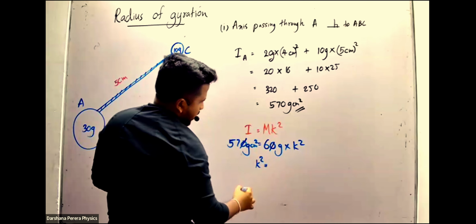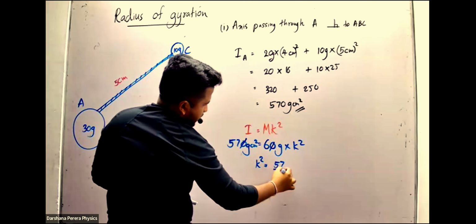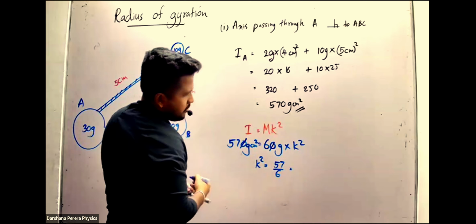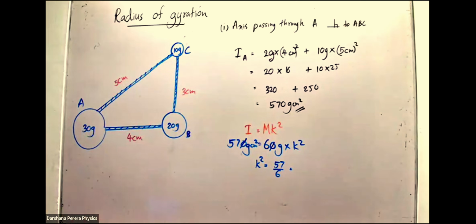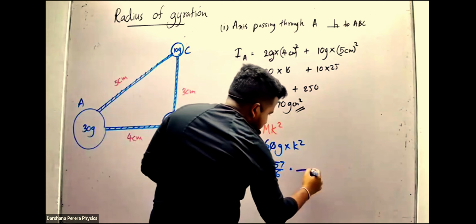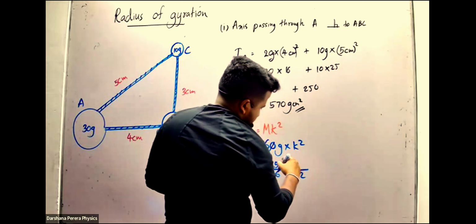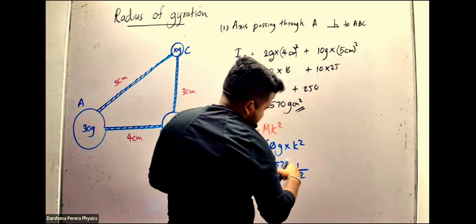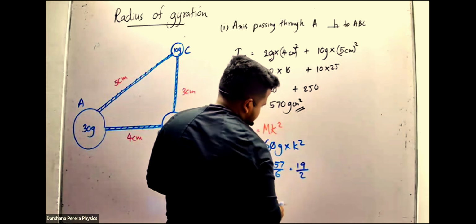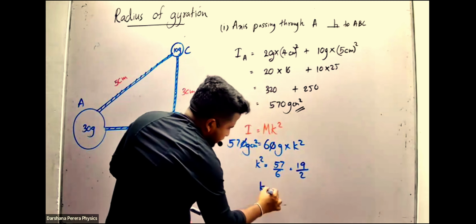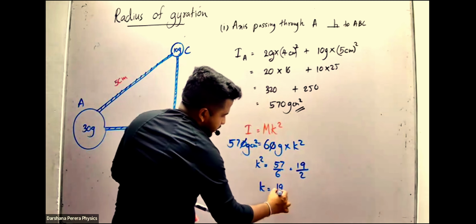K square equals 57 over 6. We can divide it... 27 means 90. Therefore, K value equals 19 over 2.